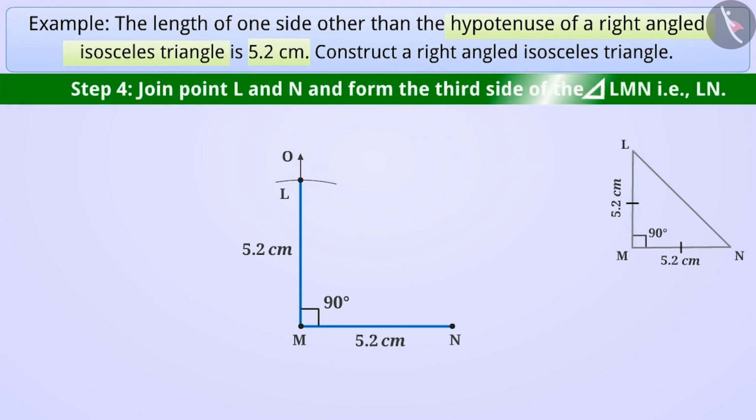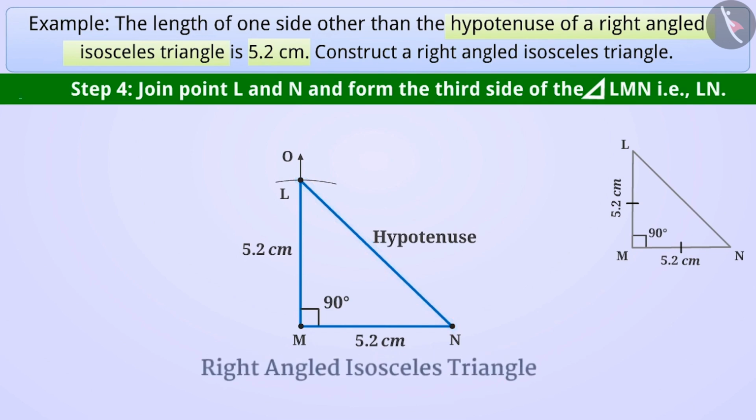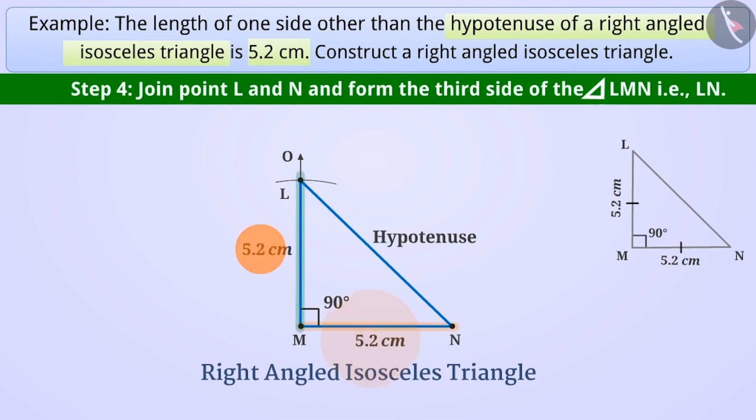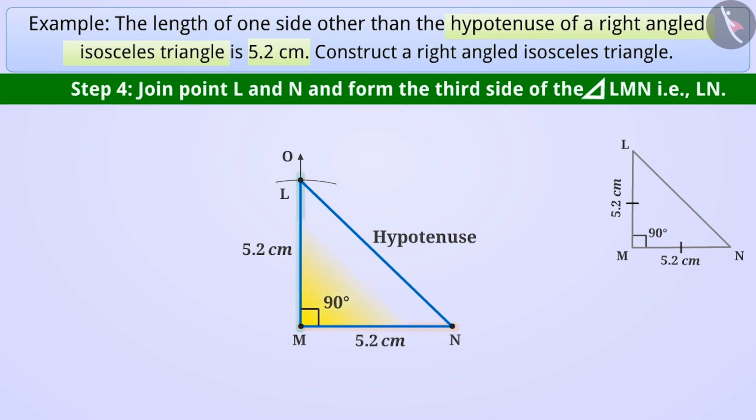Step 4. Now, we have two sides of the triangle. Next, we will join points L and N and form the third side of the triangle LMN, which is the hypotenuse LN. Thus, we have obtained a right-angled isosceles triangle LMN where MN is equal to ML is equal to 5.2 cm and angle M is equal to 90 degrees.